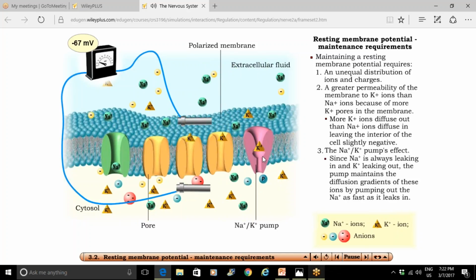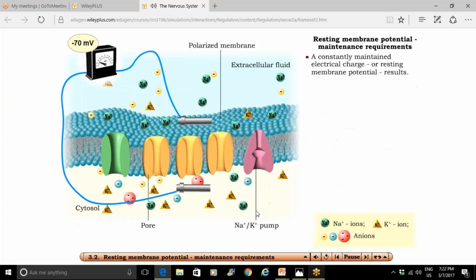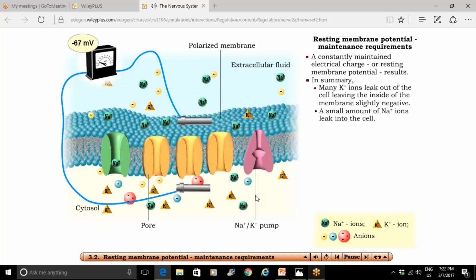As we can see, the sodium-potassium pump using ATP is going to put out 3 sodium and put 2 potassium back in. Okay, the sum total of all of that, it kind of sounds like math, you end up with minus 70 millivolts difference from the inside to the outside.